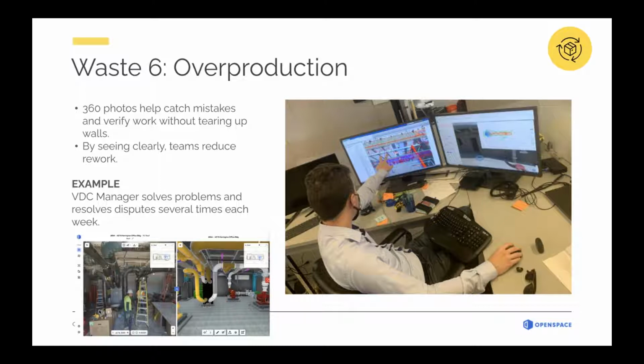So basically the 360 capture is filling in the gaps in time and space. So either I don't have the piece that I need to be looking at, or I don't have the point in time that I need to be looking at. And he said, I probably use this thing 2 or 3 times a week to either resolve a dispute in the coordination work that I do, or to help fix a problem.